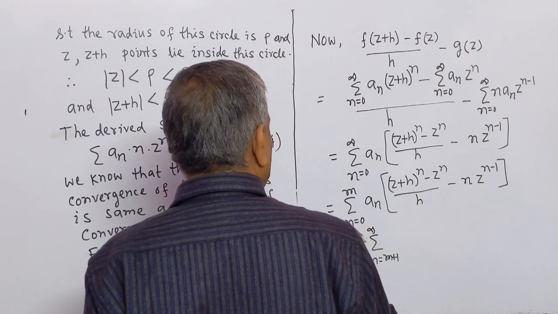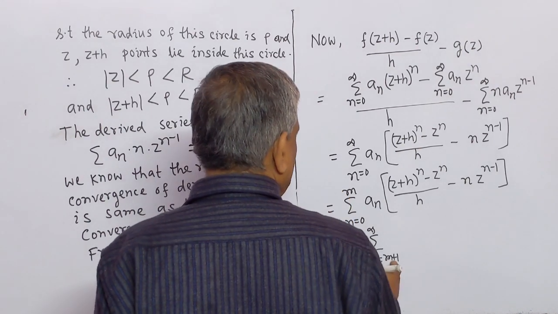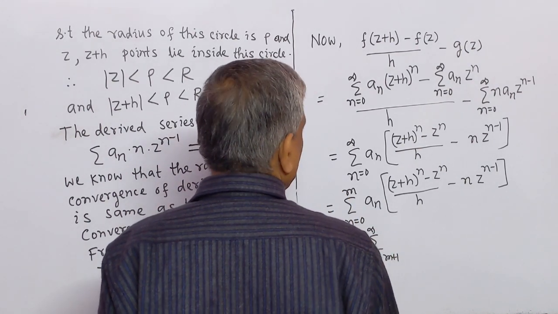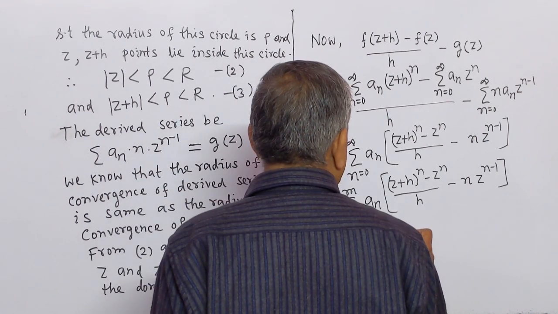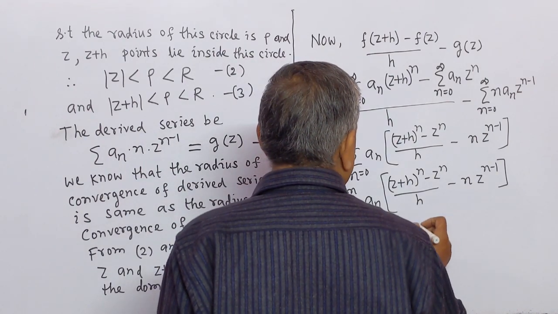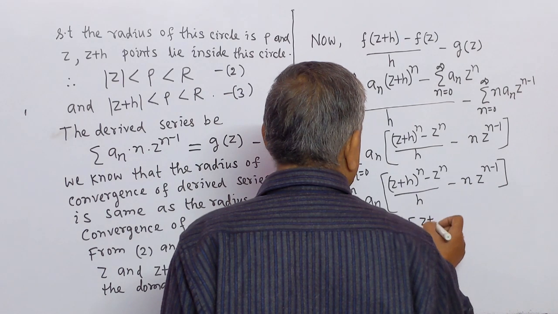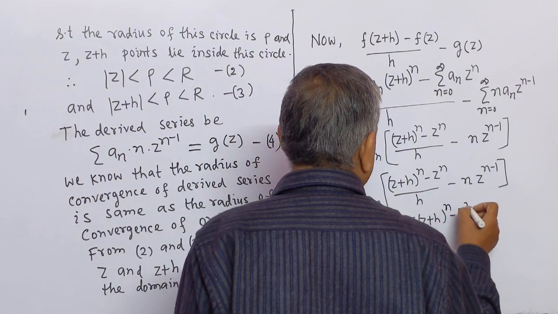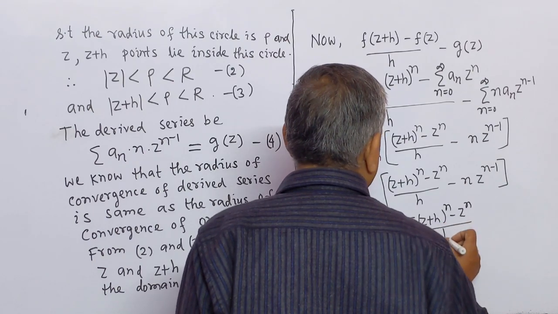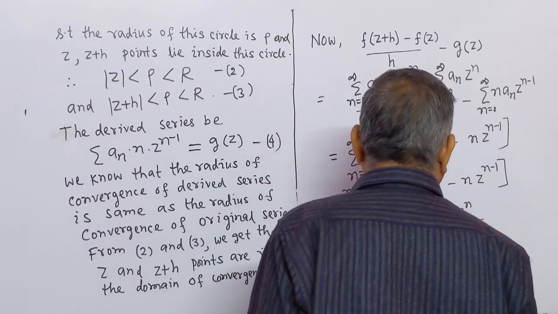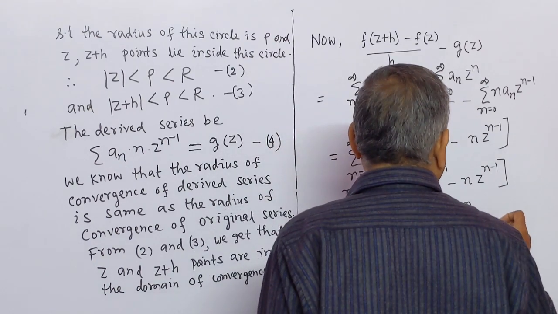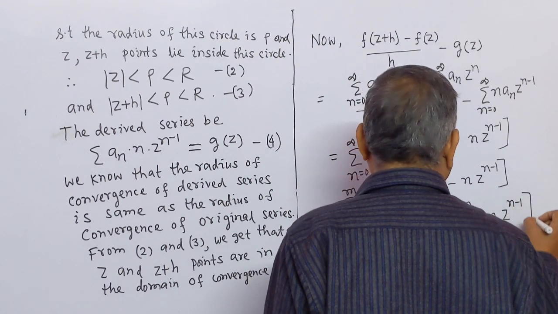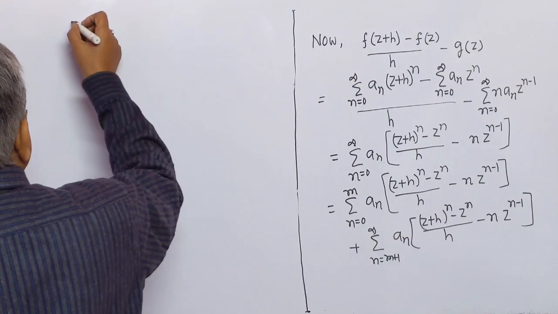Here we take 0 to m, here m plus 1 to infinity, that is n equal to 0 to infinity a_n ((z plus h) to the power n minus z to the power n) by h minus n z to the power n minus 1.